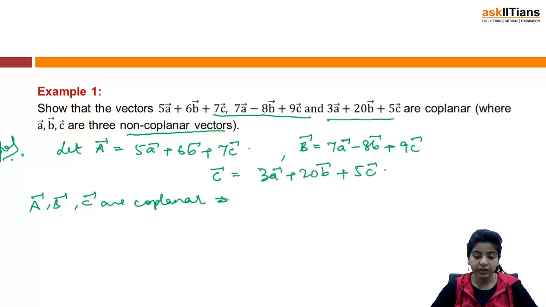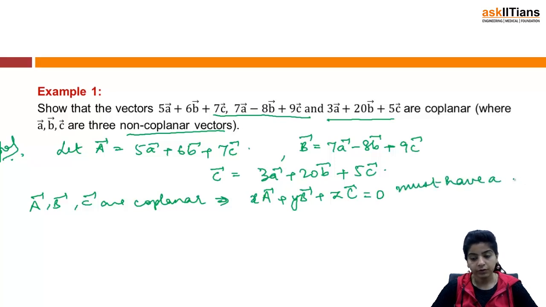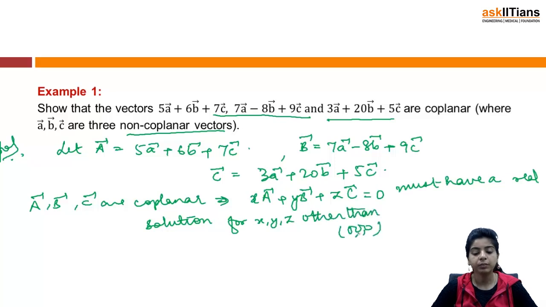A, B, C being coplanar would imply that xA plus yB plus zC equal to 0 must have a real solution for x, y, z other than the trivial solution, that is, other than the 0, 0, 0 triplet.